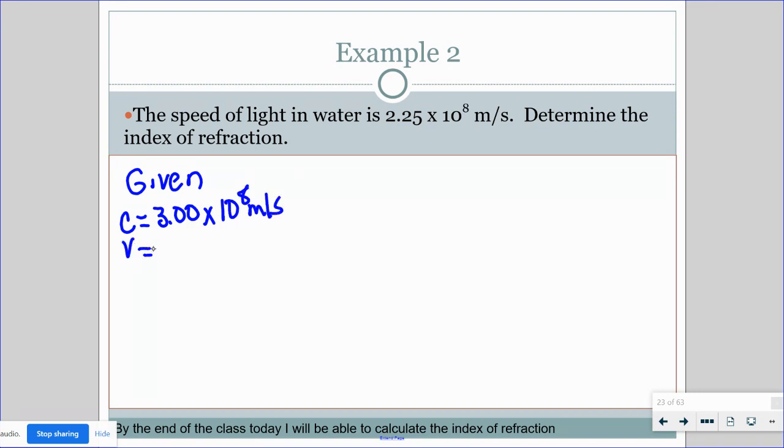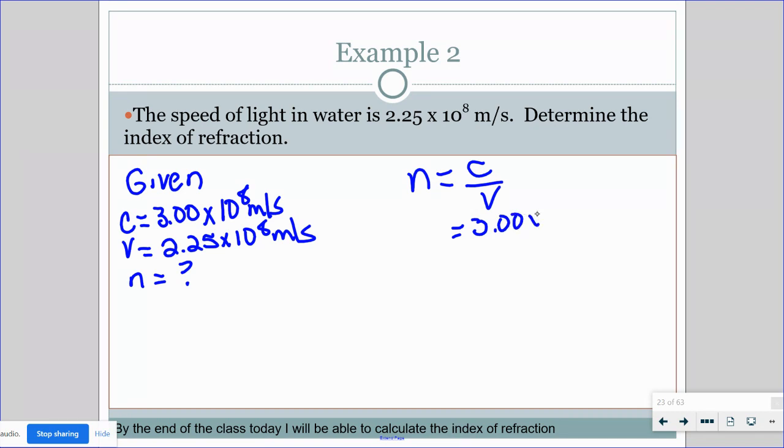Our speed in water is 2.25 times 10 to the 8 meters per second. Now we have to figure out what our index of refraction is. So we write our formula, n equals C over V. We then put our numbers in for the letters, and when we do that, we get 1.33.